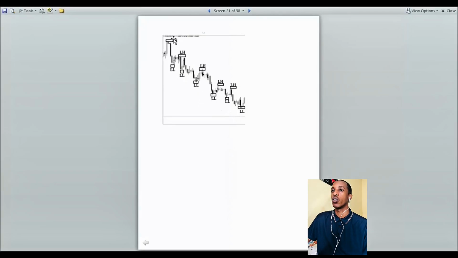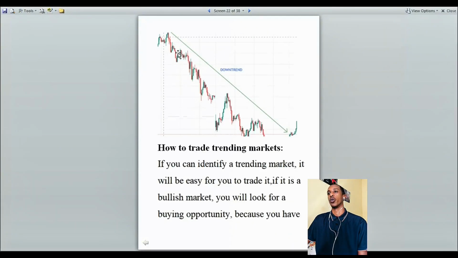Whenever you see the market going down and forming these lower highs and lower lows, it is a clear indication that we are in the downtrend, and we have to look for opportunities of sales. This is an example of a downtrend in a chart, where we see lower high, lower low repeatedly.